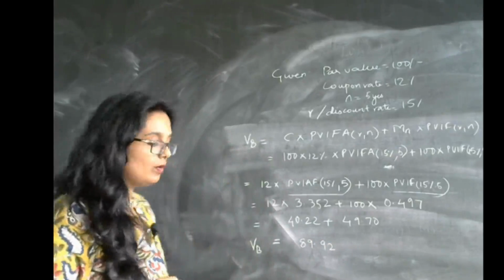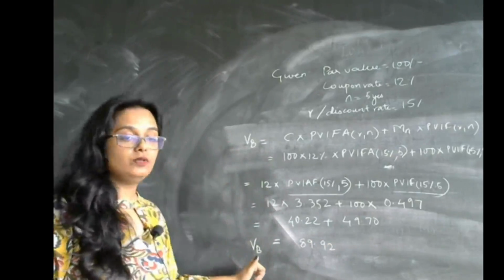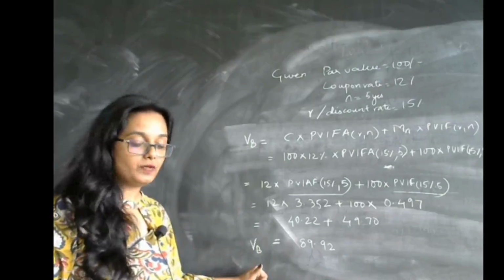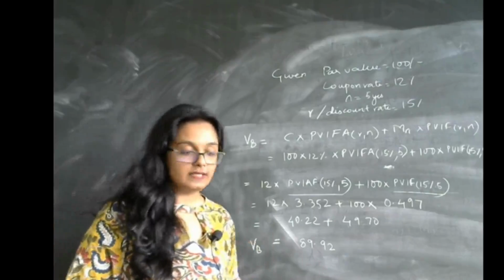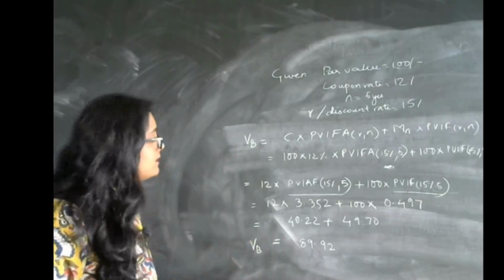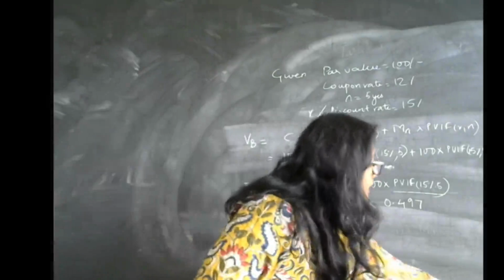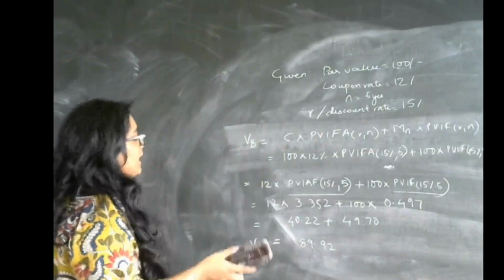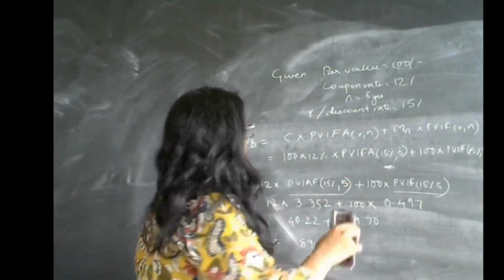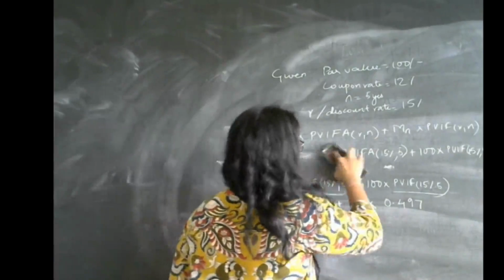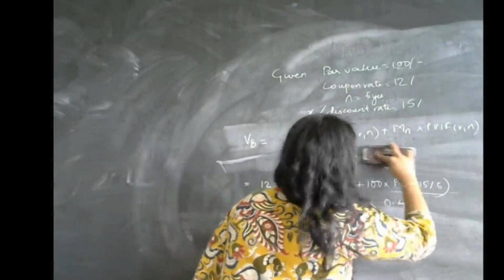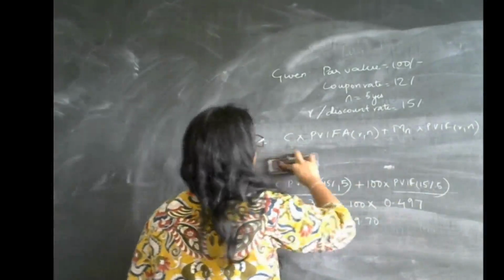Okay, I hope it is clear. This is the value of your bond. Okay, now let us move on to the next problem. Just write this down so that it is very clear to you all. I won't rub everything. I'll just rub the solution. Okay.